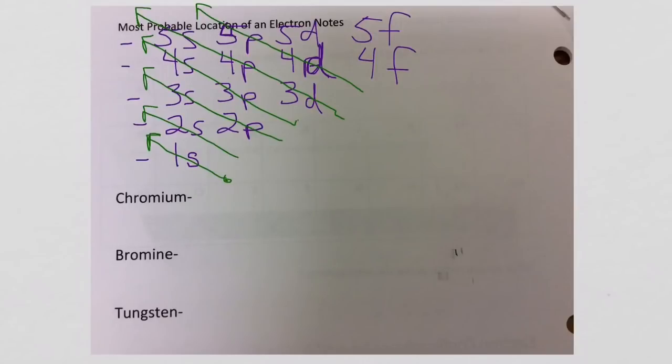And then all the way finally to here, we're starting to get in these f's. And remember how many of those? There are 7 of those, 2 in each. So that's 4f, 14, 5d, 10. Okay, and then it actually does keep going from that, but that's all we need for right now. And I'll show you the complete version in class. I'll have it on the board. But right now, that's all we need.